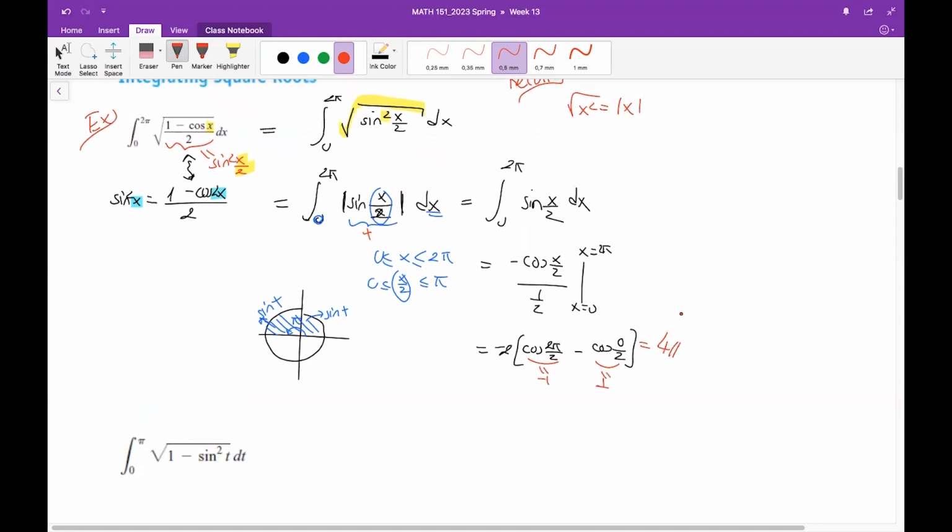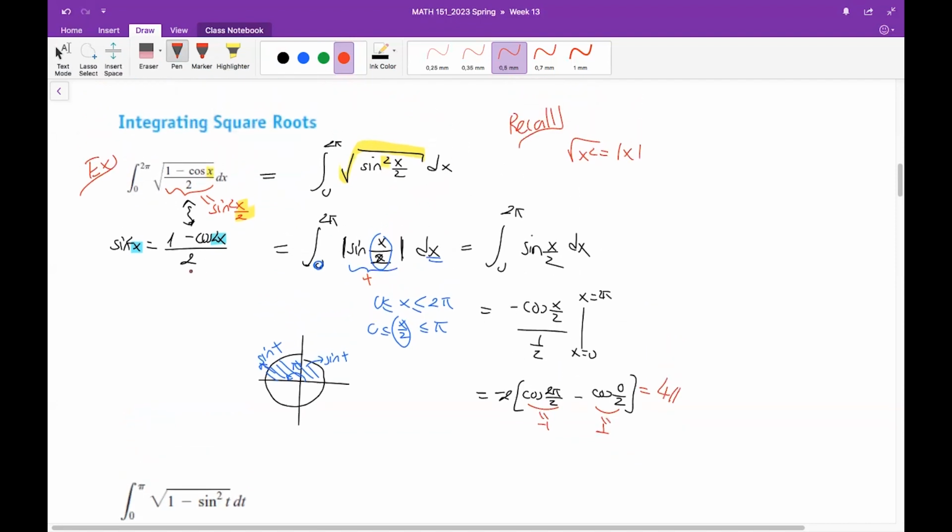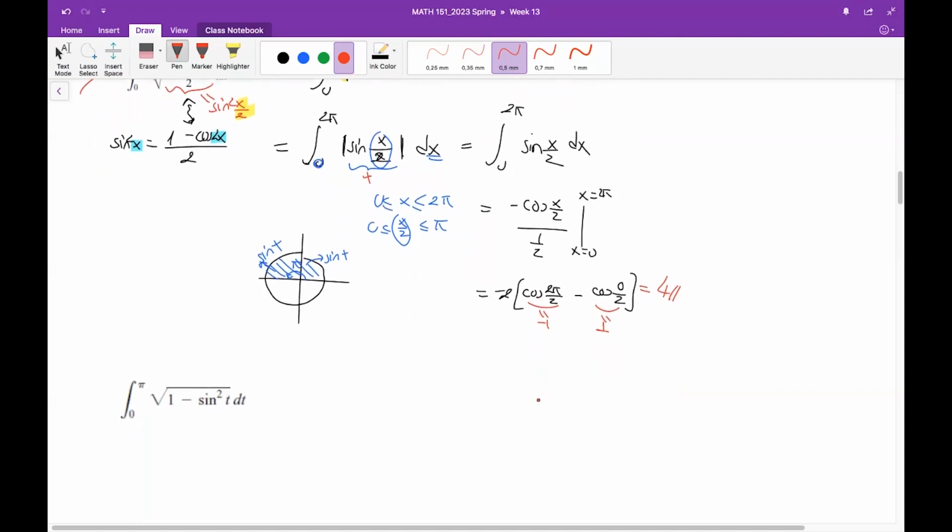So that's how you evaluate square roots, by transforming the inner function to a perfect square, okay? After writing this expression as a perfect square, only then can you eliminate the square root by using the absolute sign, and then you need to be careful about the sign of the function inside the absolute value, and then after getting rid of the absolute value, you can integrate.